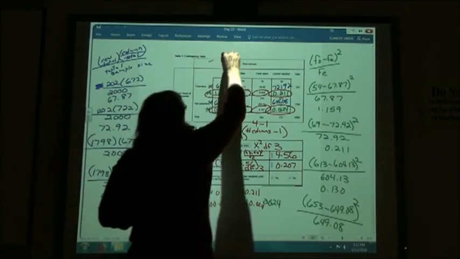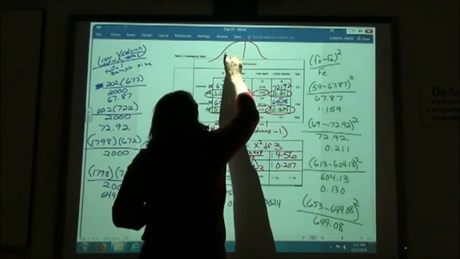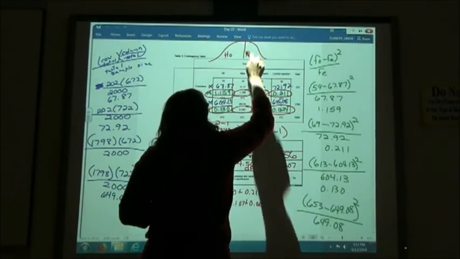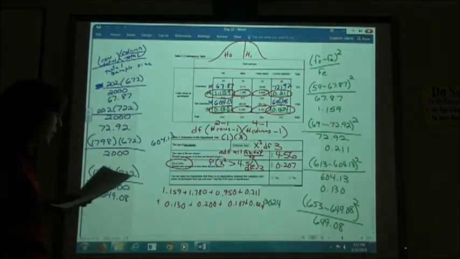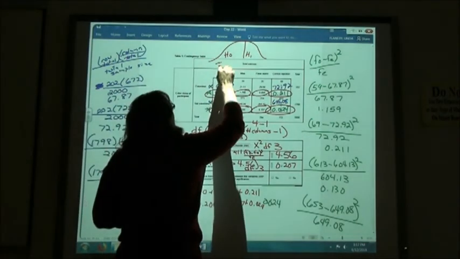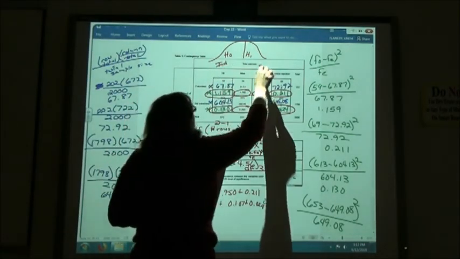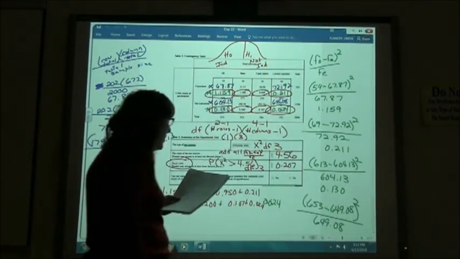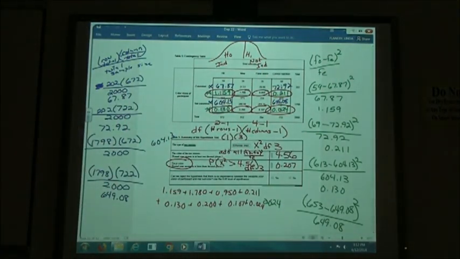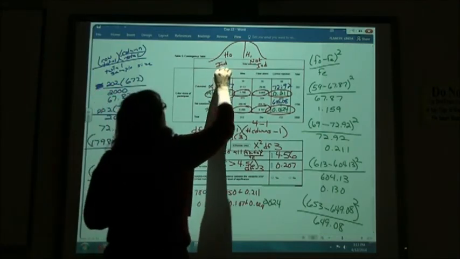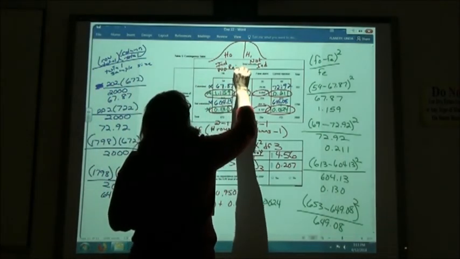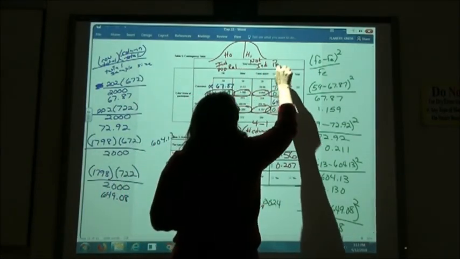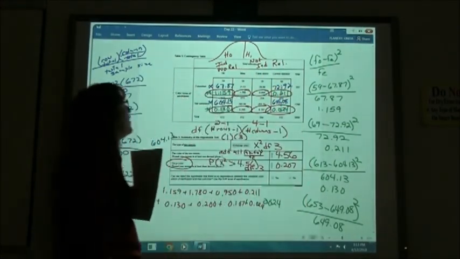Again, when I am looking at this, we have our null, we have our alternate. This one is that it is independent. This one is that it's not independent. If it is independent, we have to remember there's no relationship. If it is not independent, we know there is a relationship.